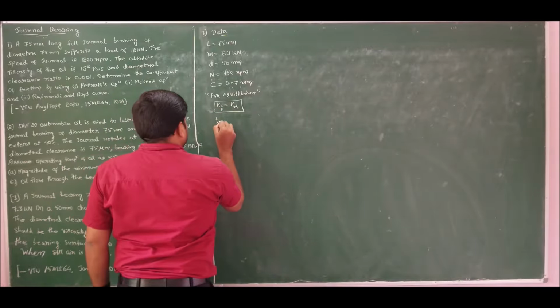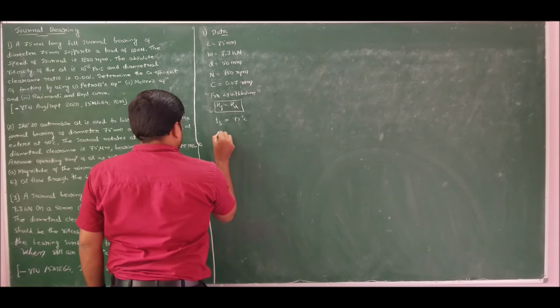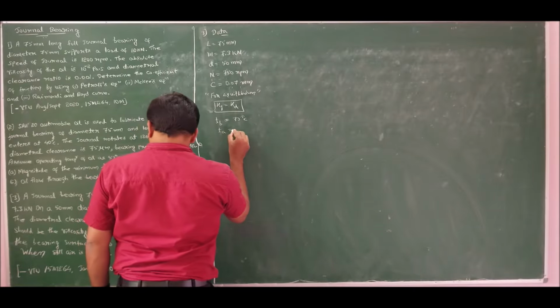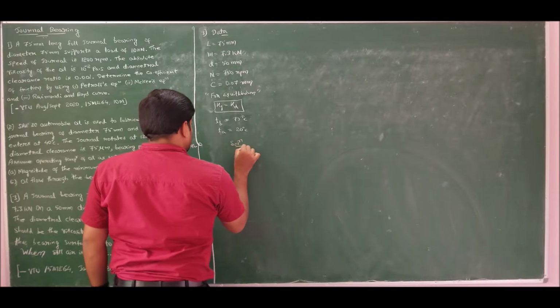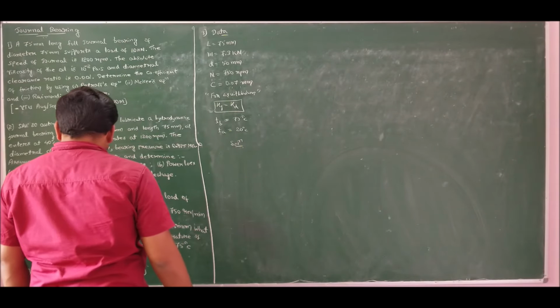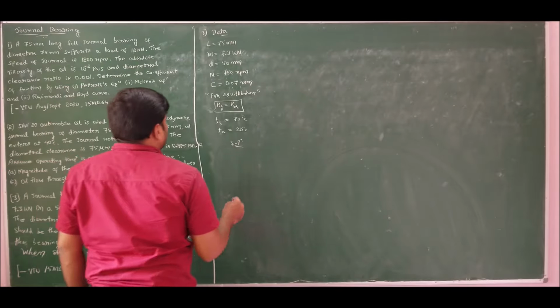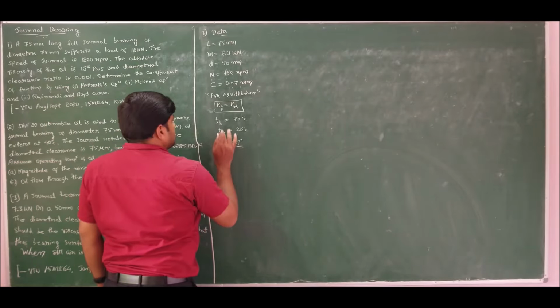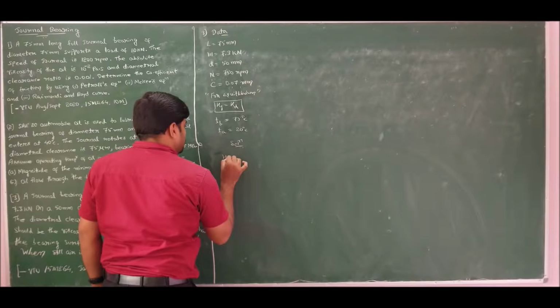If the bearing temperature Tb is 75 degrees Celsius and air temperature is 20 degrees Celsius, he is asking us to calculate the value of viscosity of oil. Since we have the condition that heat generation is equal to heat dissipation, let us solve heat dissipation first.